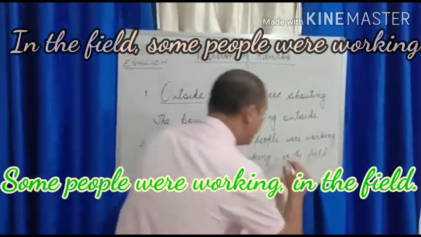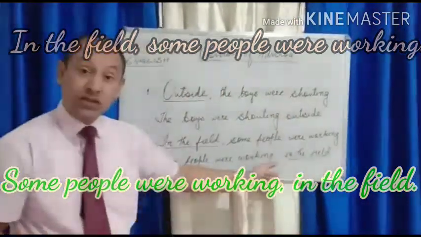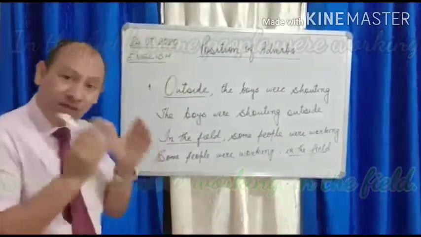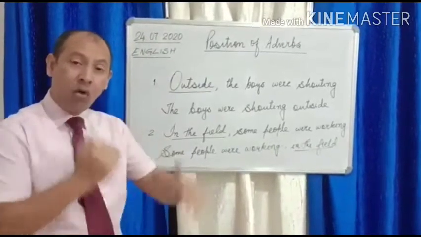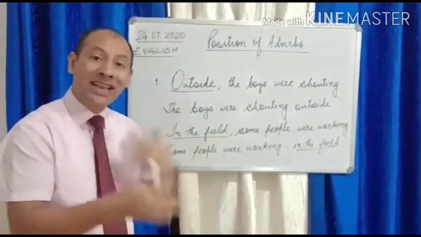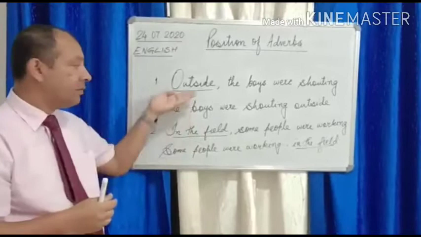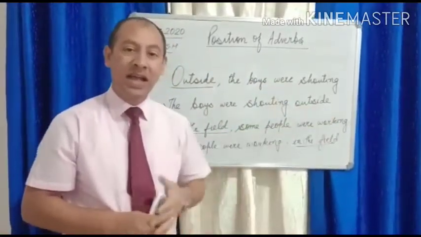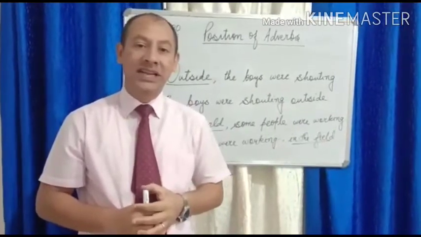In the field is an adverb phrase also, but it shows you the place also. So the position of the adverb can always be alternate. Either it can be in the beginning of the sentence, or we can also place it at the end of the sentence.